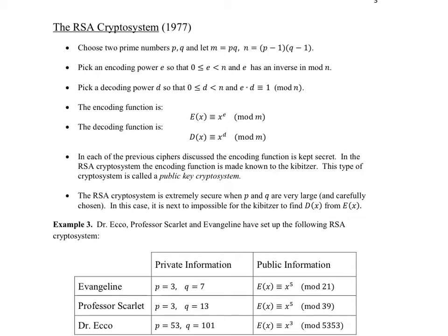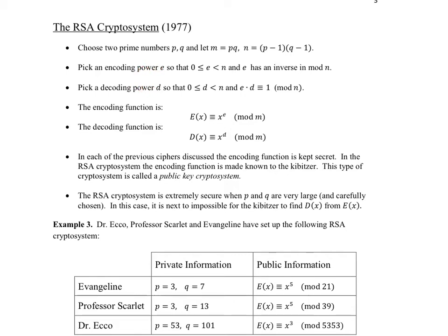So there's going to be two important numbers going forward, the m value, which we've talked about, and the n value. So the n is found by multiplying the two primes together minus 1. The n is going to be an important mod for picking the powers below, and the m will be the mod that we use for the encoding and decoding. So in the next 2 points, we're going to think about picking an encoding power and a decoding power.